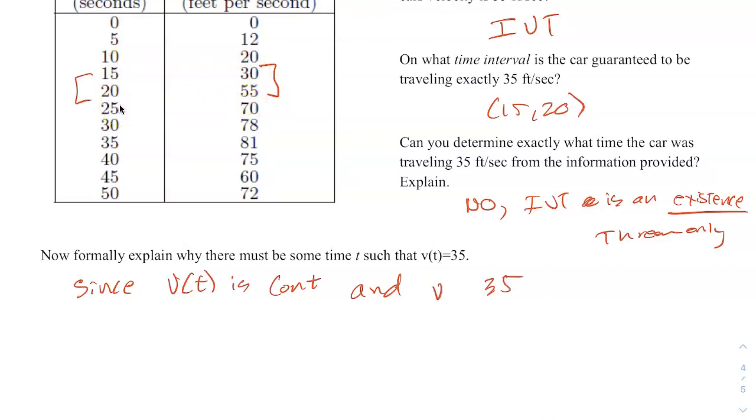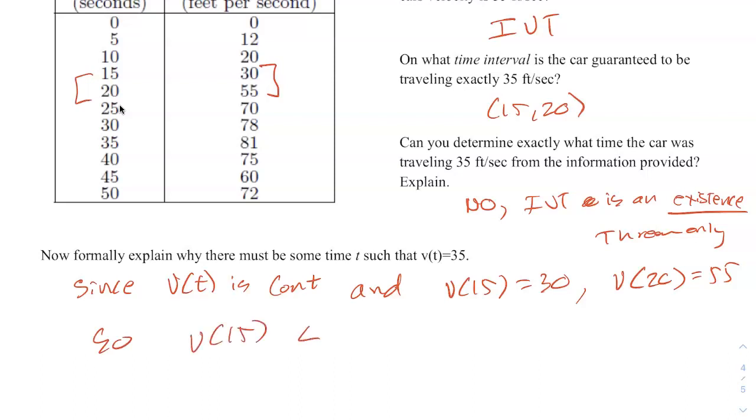35 is between v of 15 and v of 20. Remember, we use the proper notation. We can do the whole thing if we want. v of 15 equals 30, and v of 20 equals 55. So v of 15 is less than 35, which is less than v of 20.